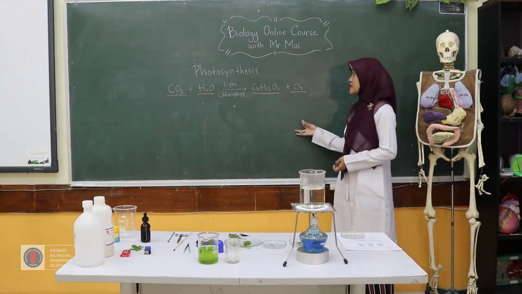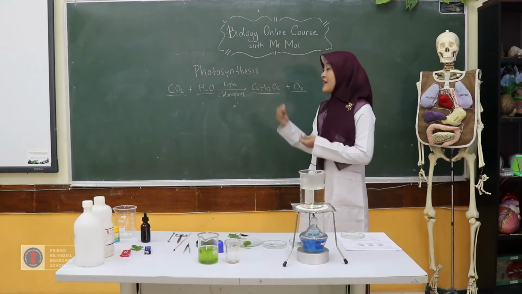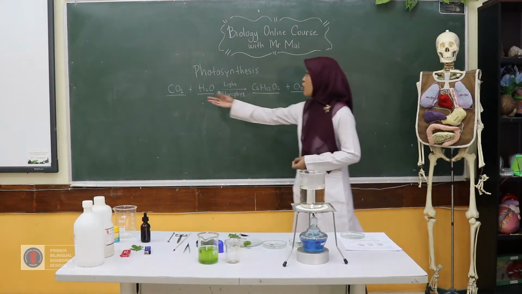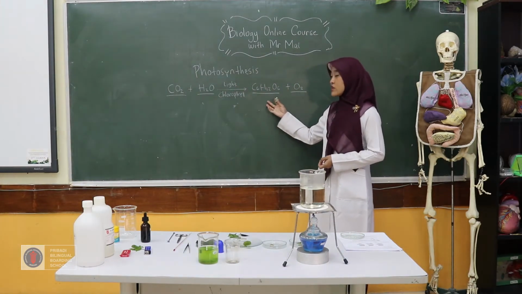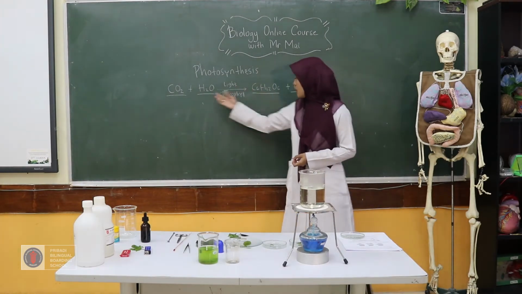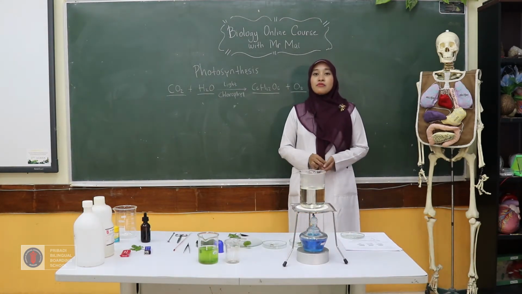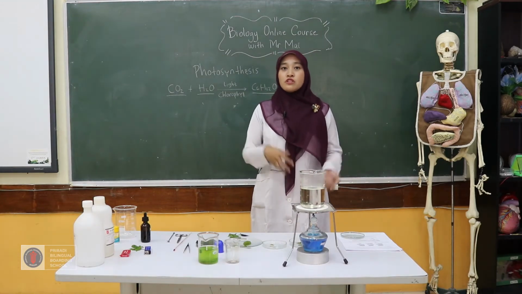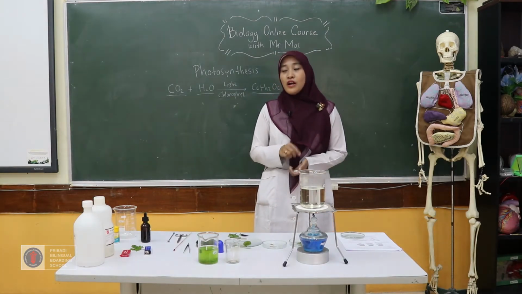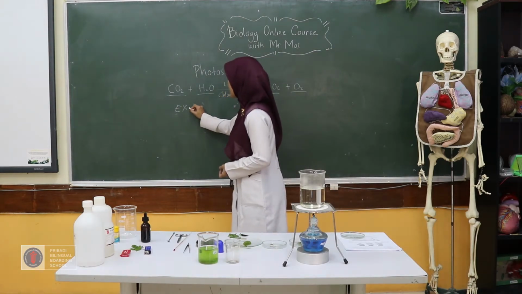For this photosynthesis, how can we prove that photosynthesis that happens in the plant uses the carbon dioxide to produce glucose, and also uses the water to produce oxygen? By what? By experiment. There are two types of experiment that can prove the source and also the product of photosynthesis.